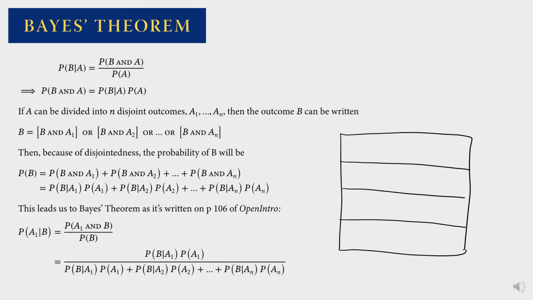Now, if we look at the outcome B, there are 4 possible things that can happen.